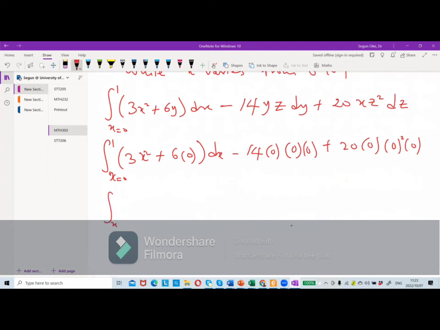So I have the integral from 0 to 1 of 3x squared dx. So let's integrate this one. What do you have? 3x cubed over 3, x cubed, from 0 to 1. When you solve it very well, you have 1. Remember that we still have another, how many parts are we given?